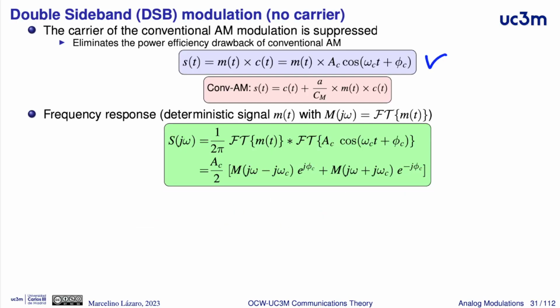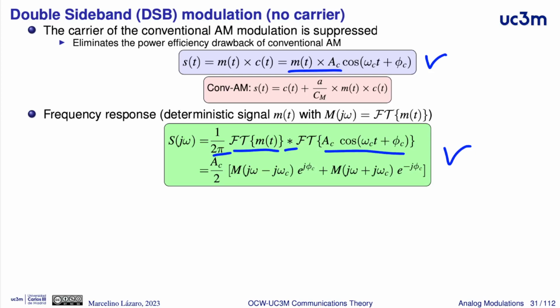The modulated signal in the time domain is very simple. The analysis in the frequency domain is easy, because now we have a product in the time domain, we have a convolution divided by 2 times pi in the frequency domain. The convolution between the Fourier transform of the modulating signal and the Fourier transform of a cosine.